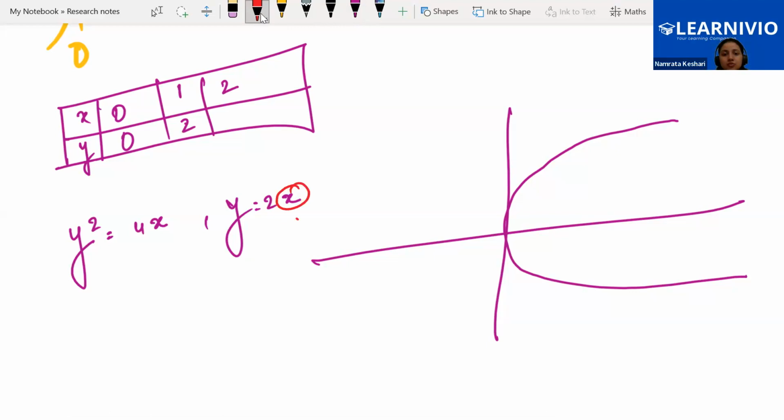When x is 2, y is 1. Is it so? Check it. X value, when you put 2 over here, are you going to get y as 1?